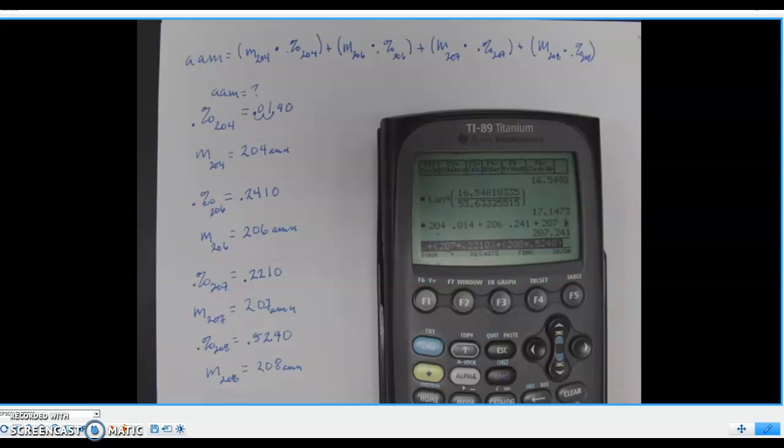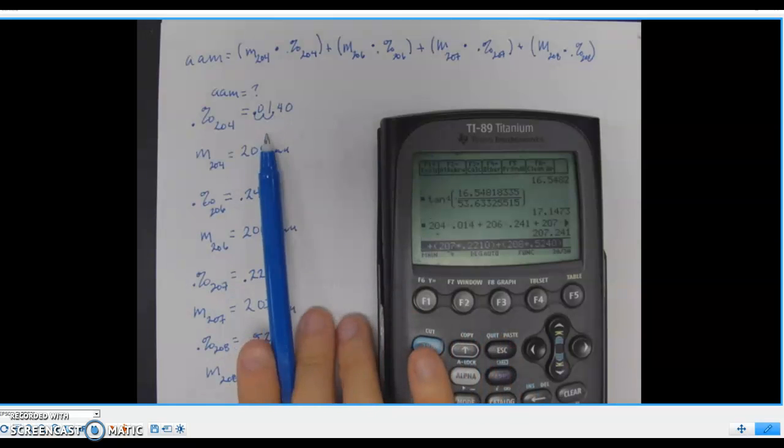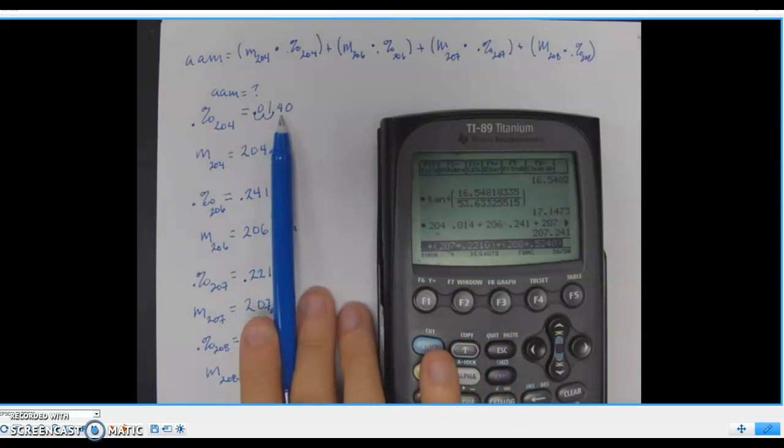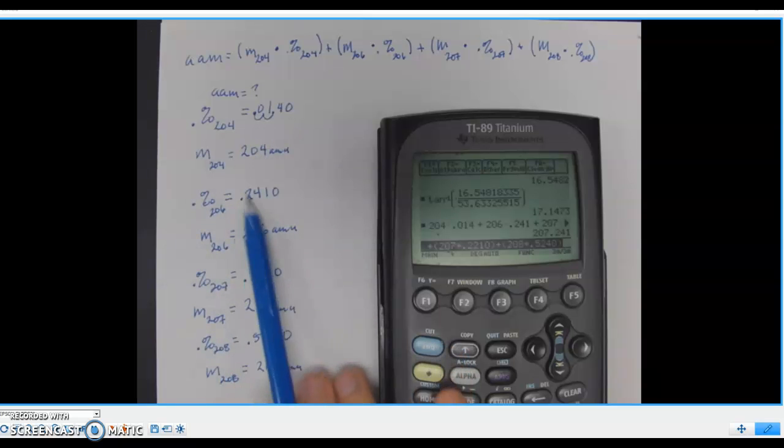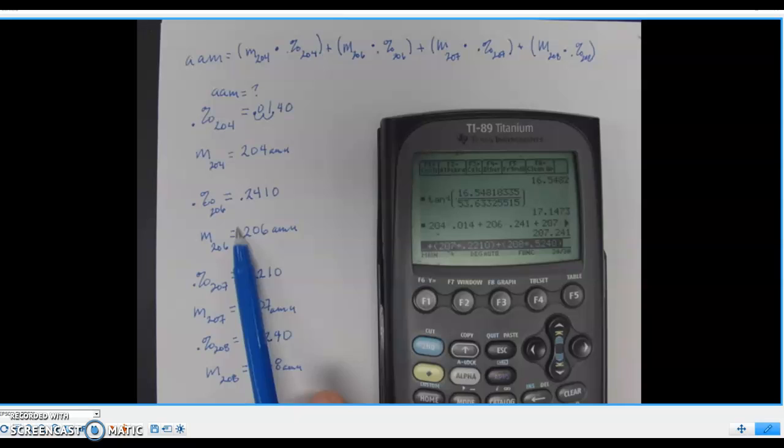Okay, so Gen Chem, give me 2 or 3 digits after the decimal, so like 207.241 AMU. Honors, consider your sig figs. So originally this was 3 sig figs, 3 sig figs, 4 sig figs, 3, 4, 3, 4, 3.